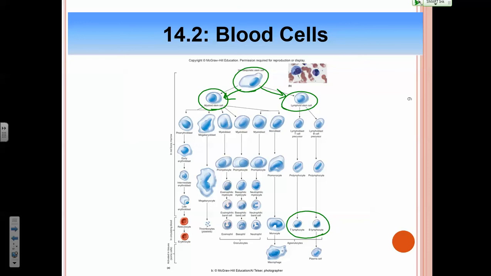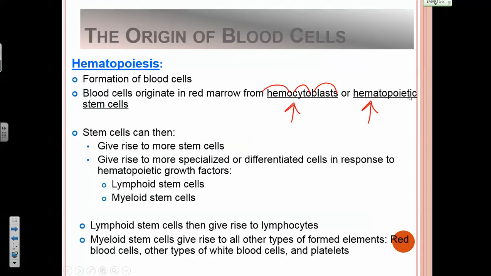A myeloid stem cell gives rise to everything else, either the red cell, any of the other white blood cells, or platelets. But then, it in turn specializes based on different growth factors. And you can see that on this slide right here.